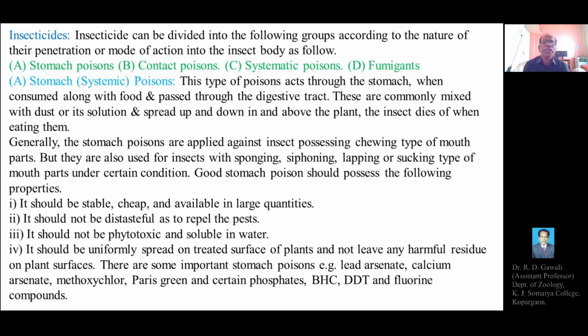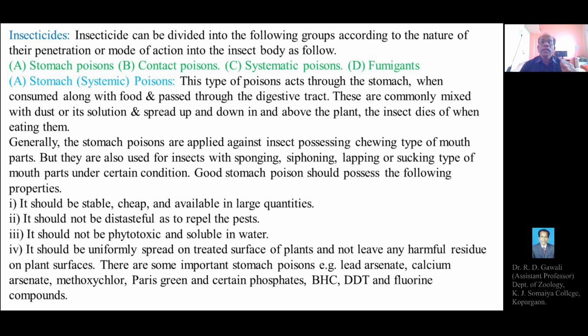These are commonly mixed with dust or a solution and spread in and above the crop plants which are infested with a variety of insect pests.